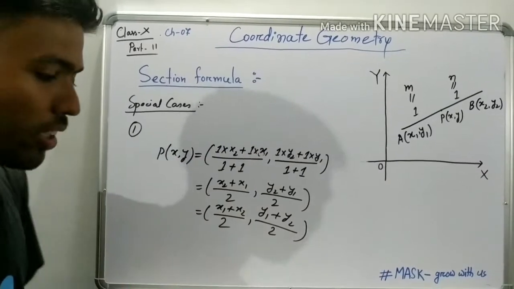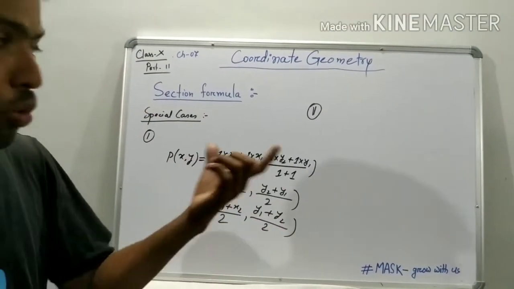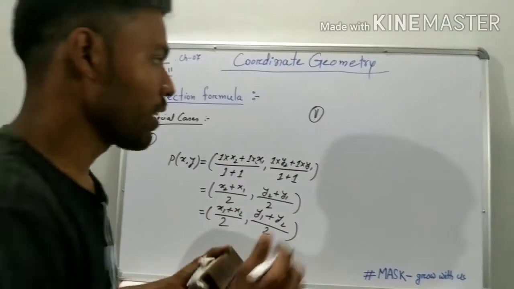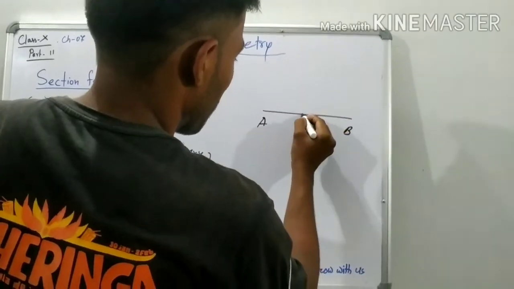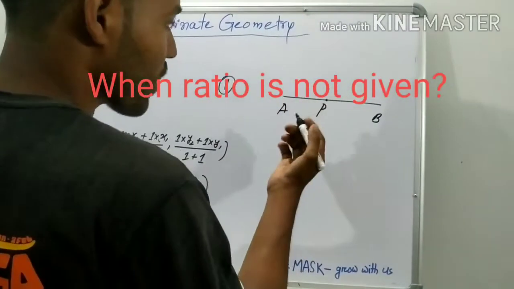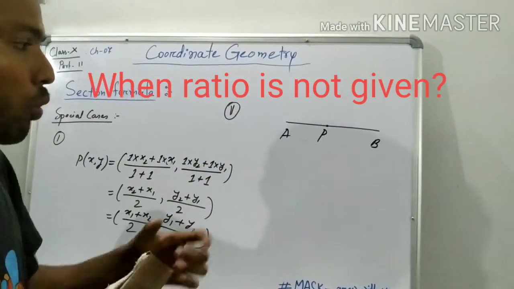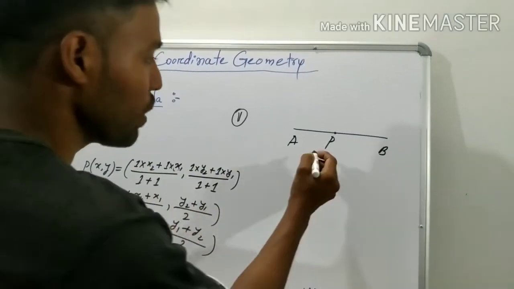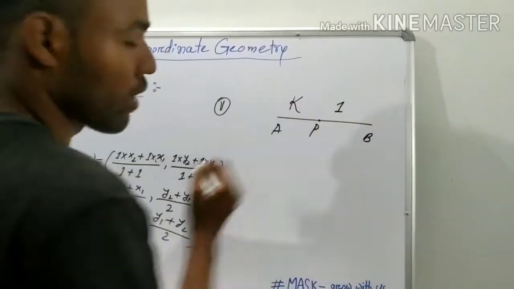Okay. Another special case is that if we do not provide the ratio in which the line segment is divided, that is, we have given two points and we have given a point, but it is not said in what ratio P divides the line segment AB. Then what are we going to do? We are going to suppose that P divides the line segment in the ratio of k is to 1.